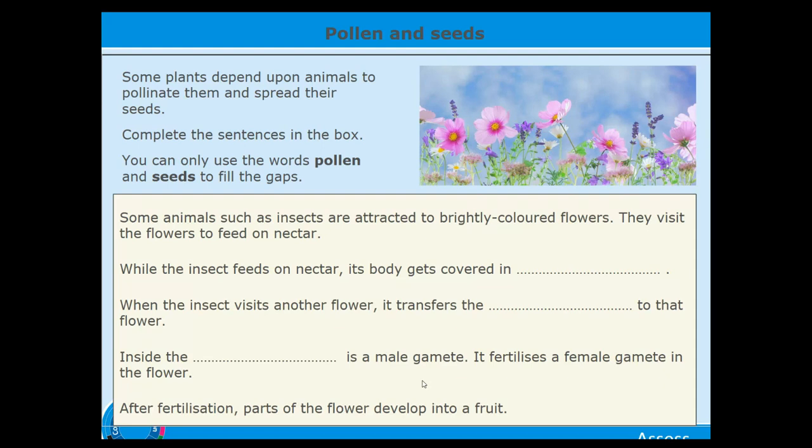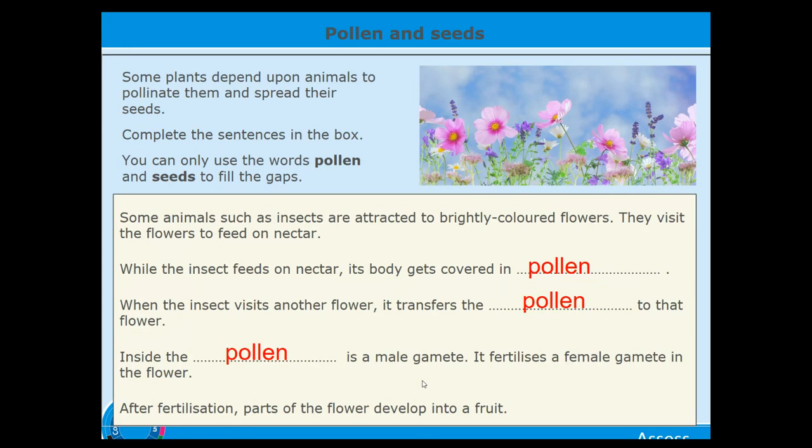Some animals, such as insects, are attracted to brightly colored flowers. They visit the flowers to feed on nectar. While the insects feed on nectar, its body gets covered in pollen. When the insect visits another flower, it transfers the pollen to that flower. Inside the pollen is a male gamete.